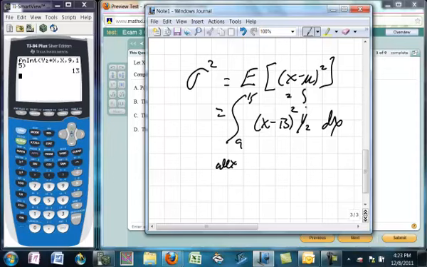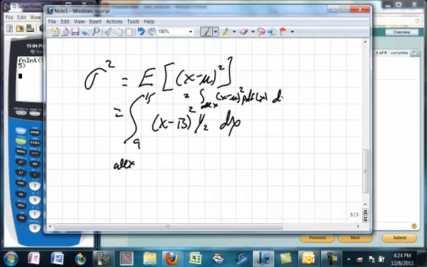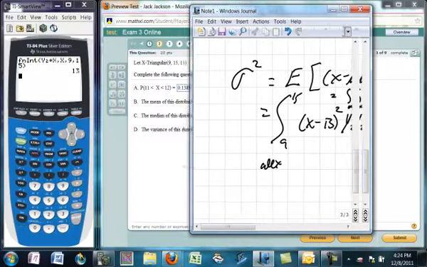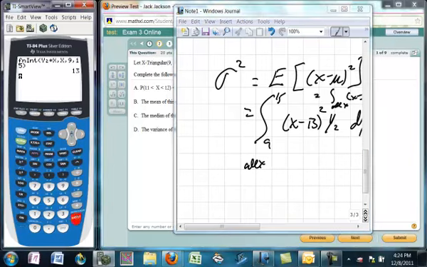So in general, this is integrate over all x's, (x minus mu) squared, PDF of x dx. Okay, so let's do that on the calculator. I can go back to enter, and this place where I have an x this time, change it to insert a parentheses, x, insert minus 13, close parentheses, square. And this will give us the variance, which is 2.